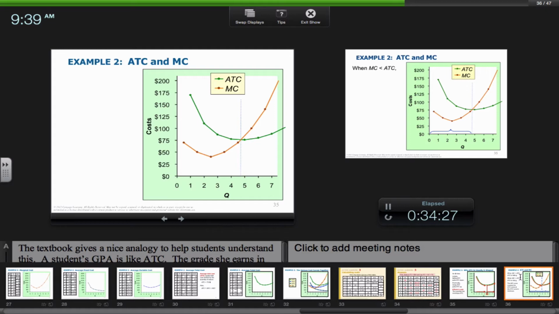So, at every point left of this intersection, every point left of where marginal costs intersect average total cost, what do we know? Average total cost is falling. When we're right of there, average total cost is rising.